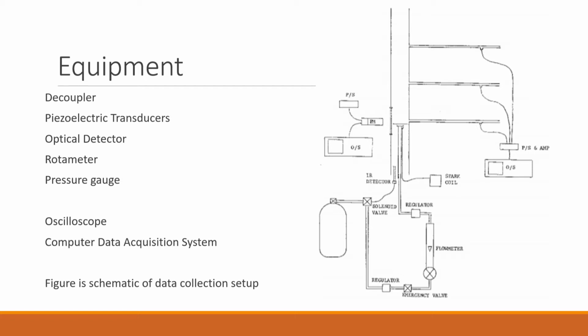The photomultiplier, or optical detector, had instrumentation failure and was not included in this experiment. The rotameter simply measures the fuel flow rate, and the pressure gauge measures the pressure in the flow meter. The oscilloscope and computer data acquisition system are for collecting data, but the oscilloscope was not used as gleaning accurate and precise information from it proved too difficult and unfruitful.